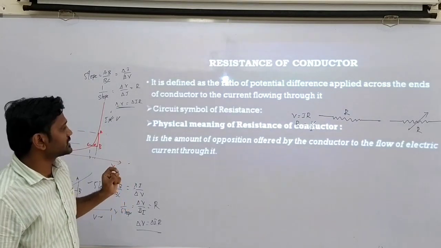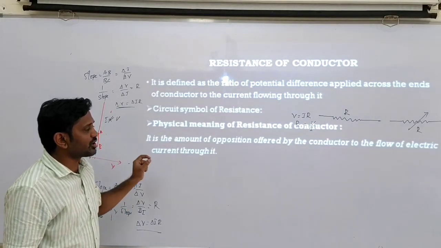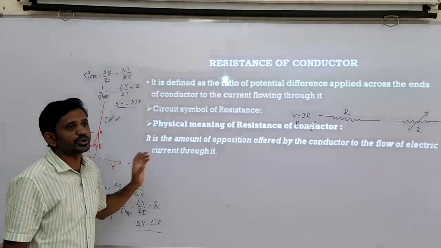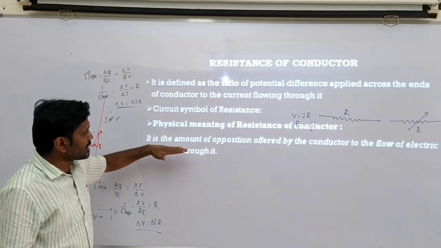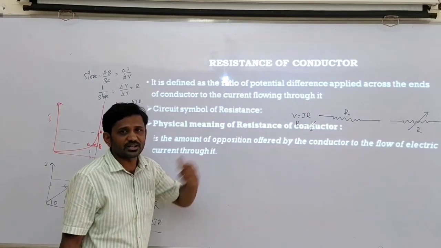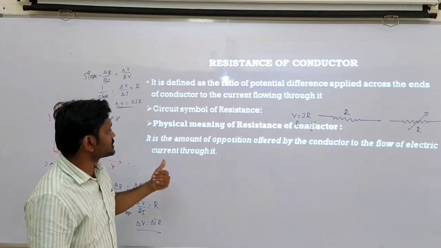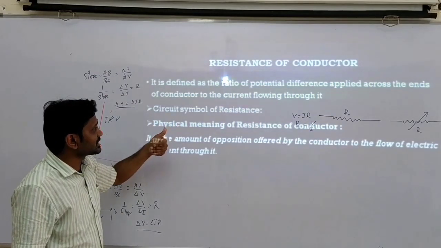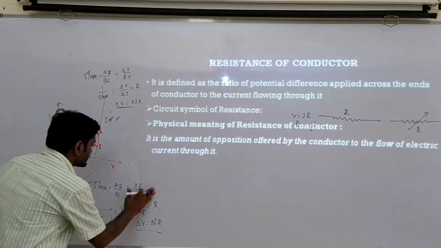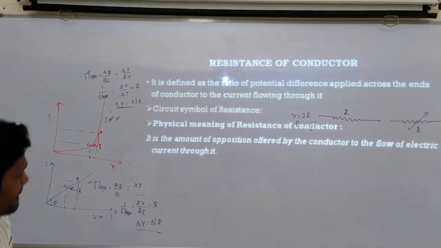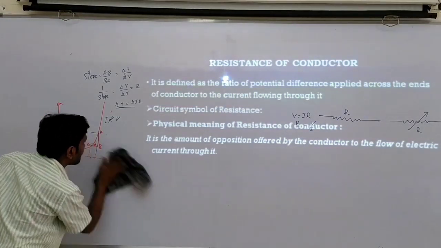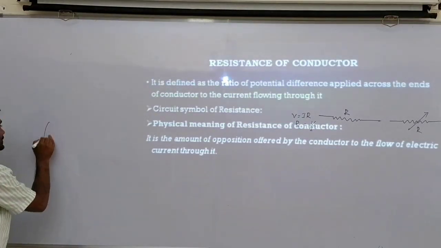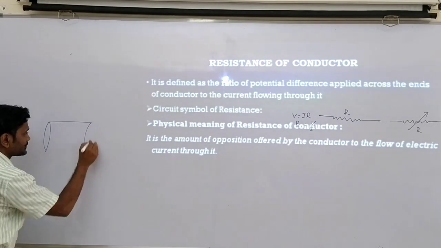It is the amount of opposition offered by the conductor to the flow of electric current through it. That resistance represents opposition. The opposition to the electric current by the conductor, that one we can call electrical resistance. Let us consider a conductor.